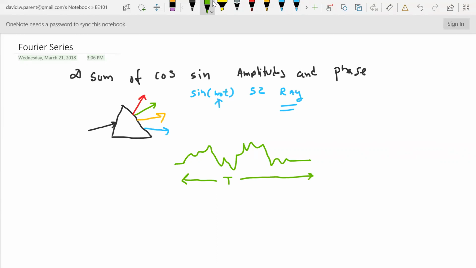So if this data represents the song, oh, I don't know, Fight for Your Right to Party, right?